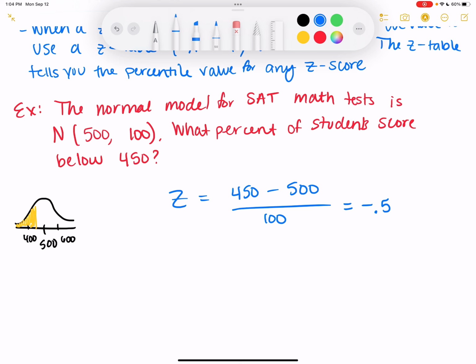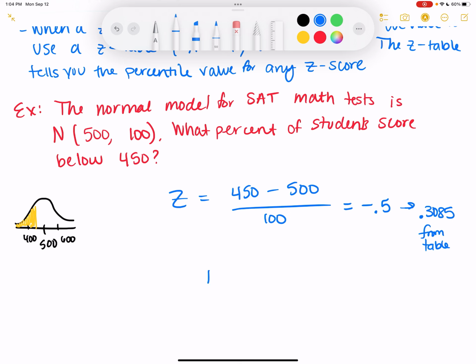0.3085. And this is from the table. And so then this is what's going to give you your percentage.